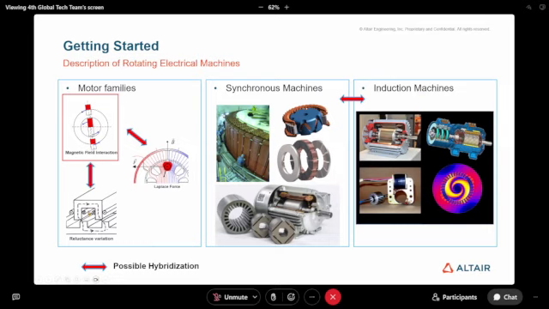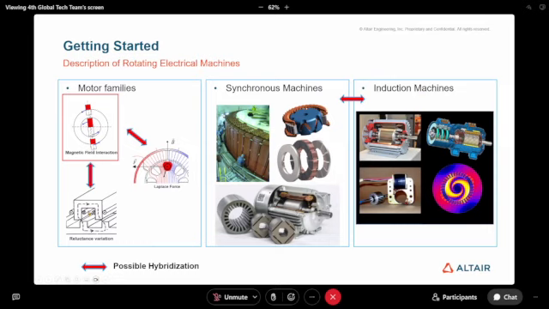So the two main big families are the synchronous machine, which is already larger than the family of the induction machine. And even between those two families, there is hybridization, right? So we can find, like, line start machines. For synchronous machines, you have, like, a hydro generator, where it's a wound rotor synchronous machine. They are very big machines.